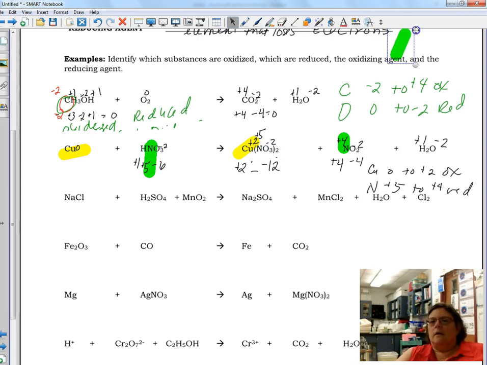All right. So we went from a +5 to a +4. So nitrogen was reduced. This means that copper was our reducing agent, and the nitric acid was our oxidizing agent.